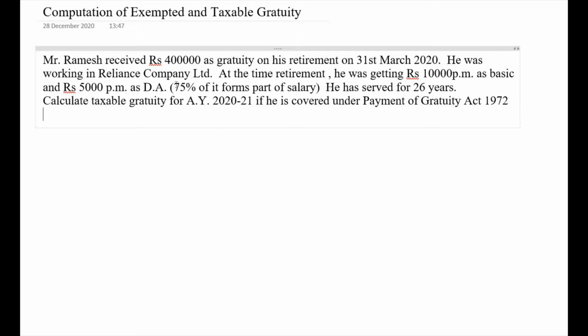So now let us discuss this problem. The employee is covered under the Payment of Gratuity Act of 1972, and the salary remained the same in the past 10 months. He has received a gratuity of rupees 4 lakhs. We need to first find the meaning of salary here.